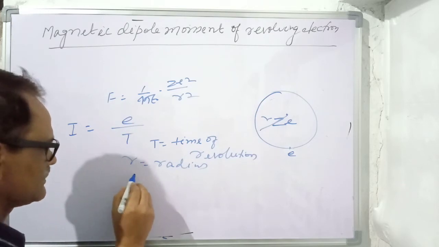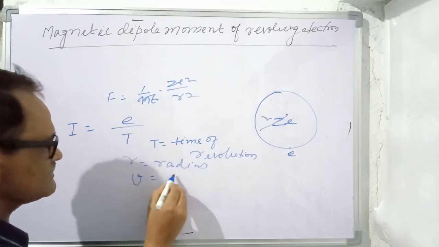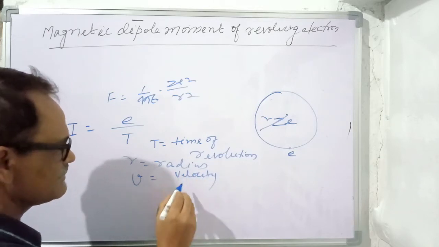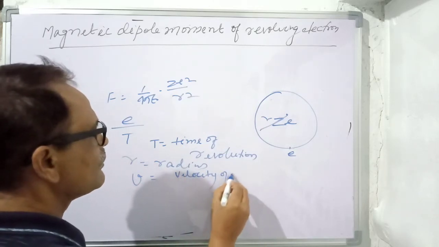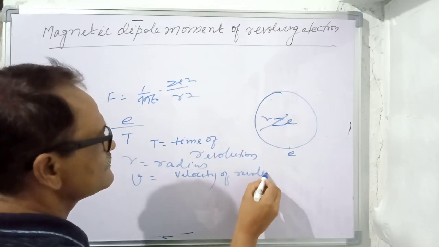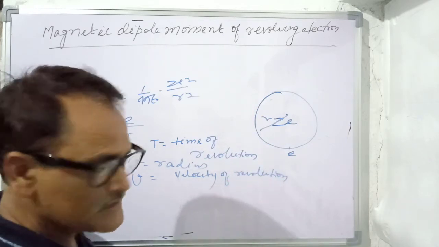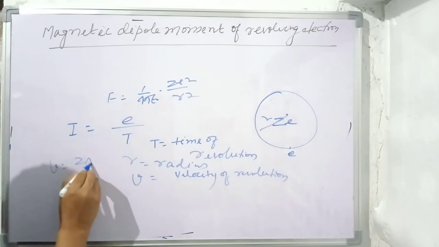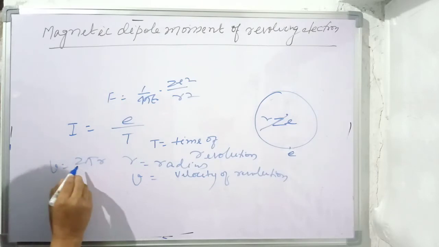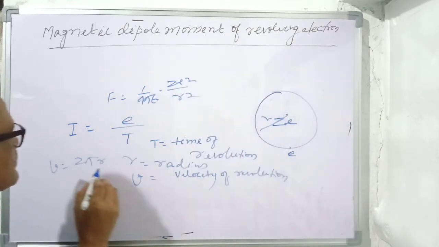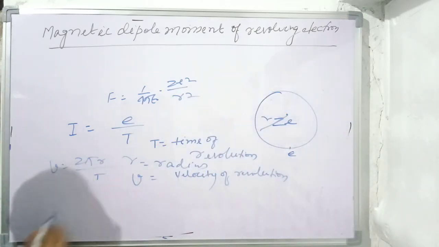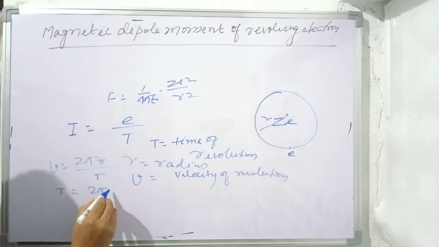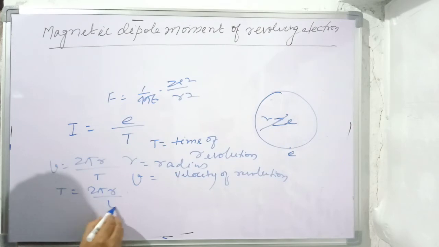If r is the radius and v is the velocity, only the magnitude, then v is equal to 2 pi r by T, that is distance by time, and hence T is equal to 2 pi r by v.